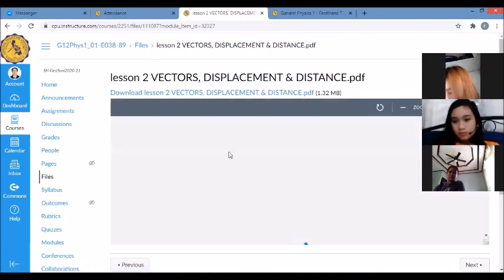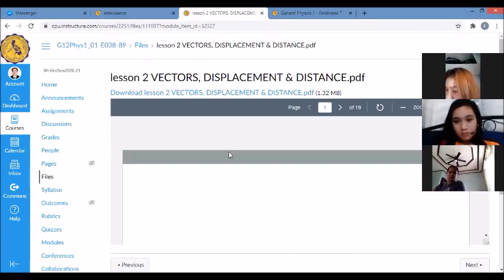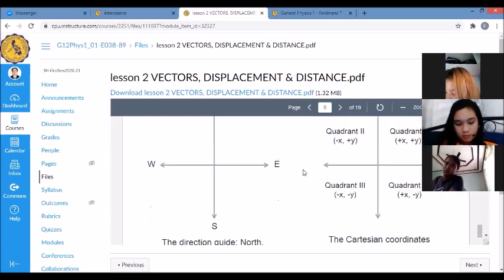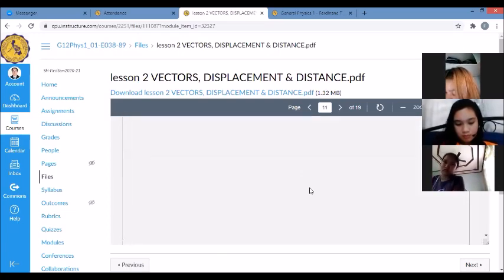I think you will answer only numbers 1 and 2. But try to look for your pair. The pair is the group called Newton. Kindly check your section and then look for your pair there. Kindly check your groupings. I think this one is located at the end of the slides.